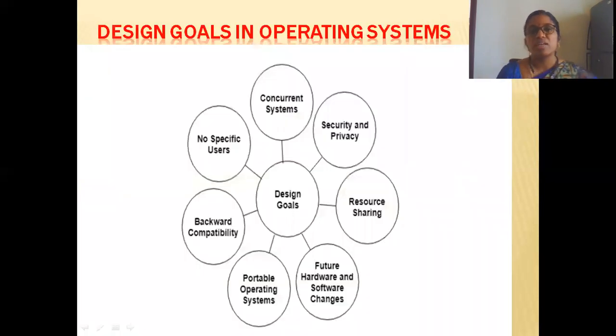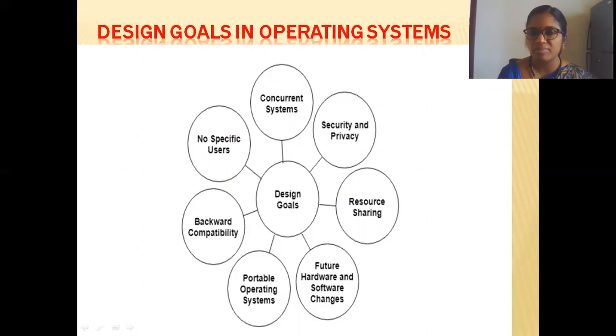So next, design goals in an operating system. So what are the design goals? What can be required? What are the things required to perform to design the operating system? So here in our picture, you can see concurrent systems. It is one kind of issue.